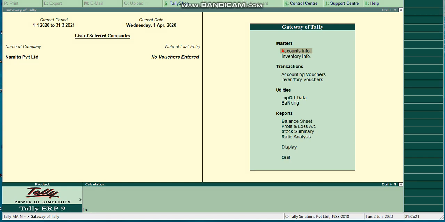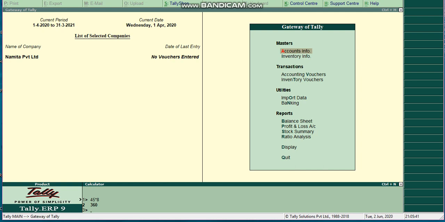Suppose you want to multiply any number, for example 45 multiply by 8, just press enter and you will get the answer. Okay, so 45 multiply by 8, 360 is the answer.